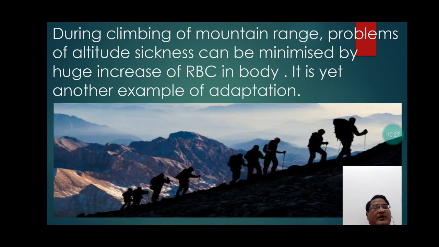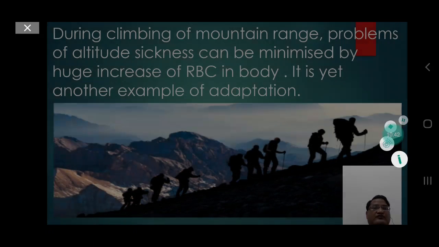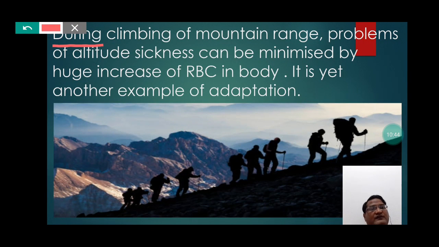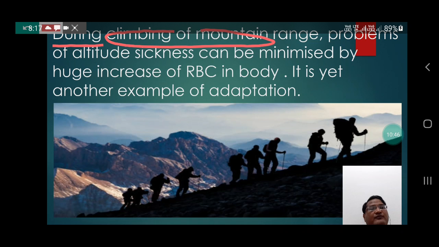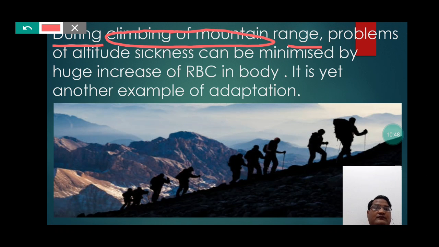During climbing of mountain range, problems of altitude sickness can be minimized by a huge increase of RBC in the body. It is just another example of adaptation. So students, during the climbing of mountain range, altitude sickness is the common problem which any person can face.